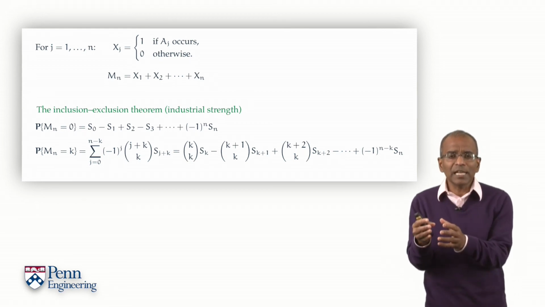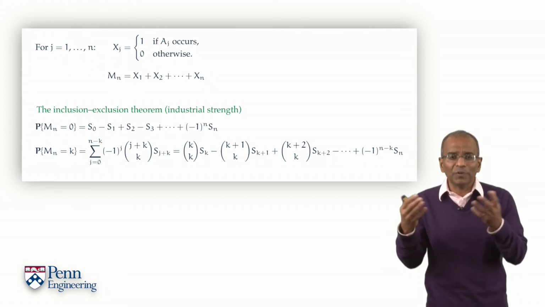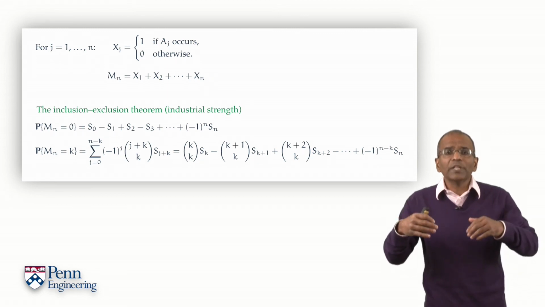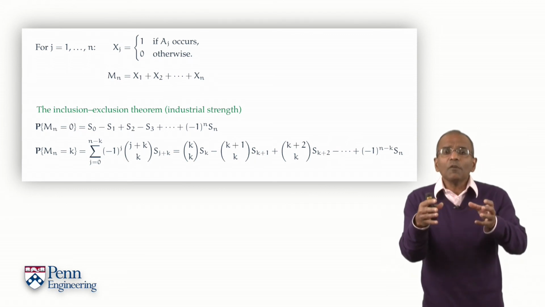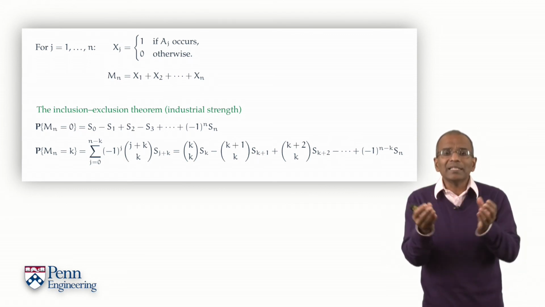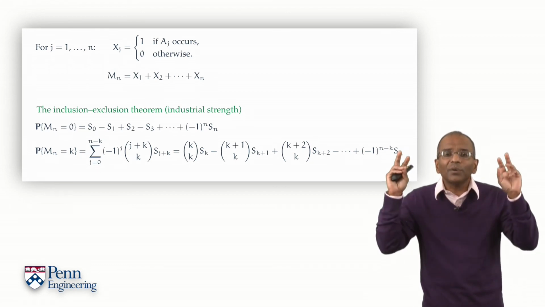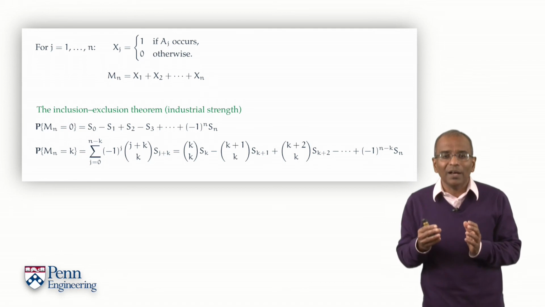The sieve dealt with probabilities of unions, or equivalently, the probability of the intersections of complements. These sums of these indicators, these bad indicators, tell us something about how many of these rare or bad events occur.